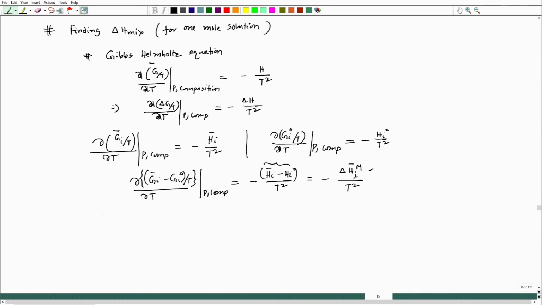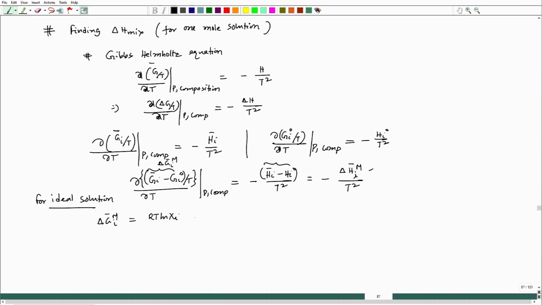For an ideal solution, we have already seen that this difference is delta G bar M I. So, delta G bar M I equals R T ln X I for an ideal solution.